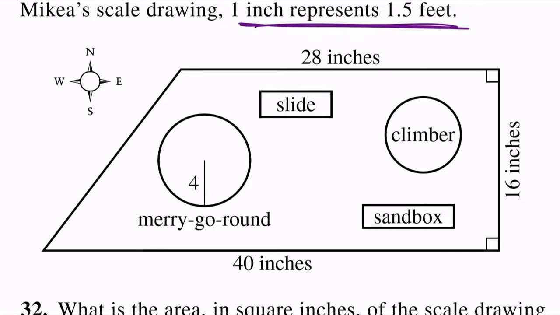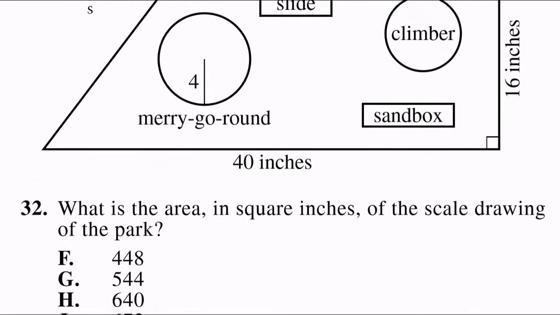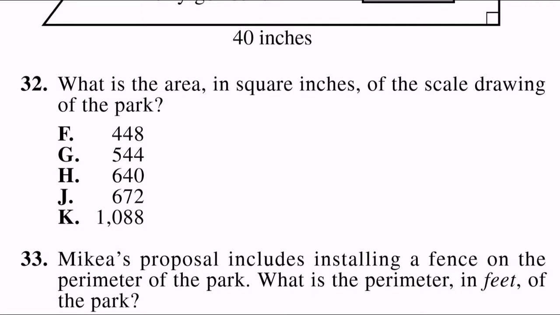So this is something that's important to remember. Number 32. What is the area in square inches of the scale drawing of the park? So we know we're finding the area in our scale drawing units, so we'll be finding the area in inches rather than in feet.